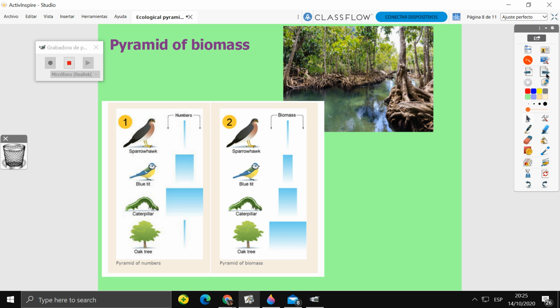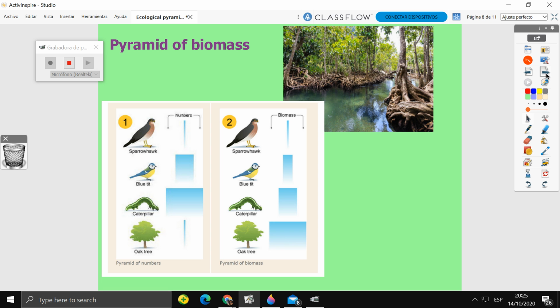It's quite difficult to estimate the biomass practically, because in a way living organisms must be killed and burned to calculate all the mass they contain. But by doing certain calculations, taking into account the number of organisms, the growth rate, and the mass, there is a quite good estimation to construct these kinds of pyramids.